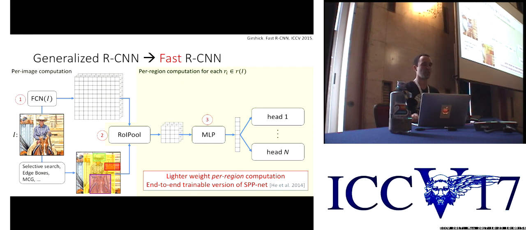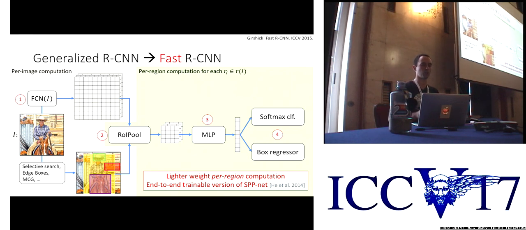The subsequent processing on that is going to be a multi-layer perceptron, and then the task-specific heads in this case are going to be a softmax classifier over background and the different object categories that exist, and then a bounding box regressor that again is going to deform the proposal into a new rectangle that hopefully matches the spatial extent of the object in the image.